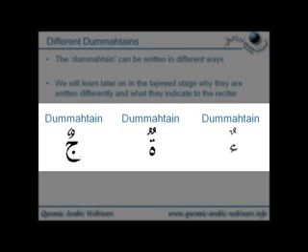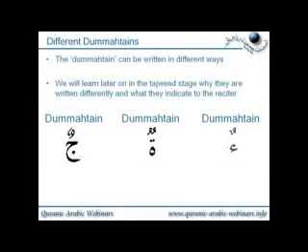So here we have three different letters, but they're all carrying dummahtain, and you'll see these in the Arabic Quranic script, depending whether you're looking at Uthmani or Majidi. Essentially the way it's written will indicate to you some Tajweed rules and how you actually pronounce the sound of the Tanween itself, and we have to cover a lot of more advanced rules later on in the Tajweed stage before you understand it.